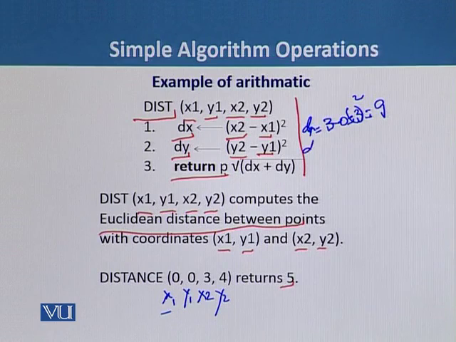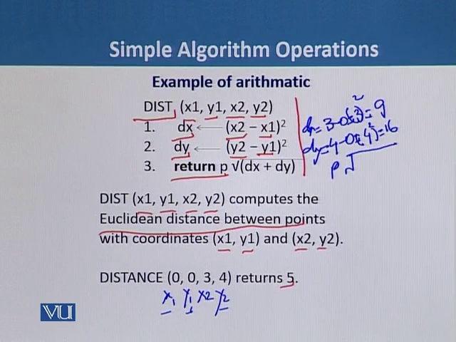Then we will calculate dy. For dy, we need the value of y2, that is 4, and we have to subtract the value of y1, that is 0. And we get 4, and the square of 4 is 16. Then we will calculate the square root of dx plus dy.